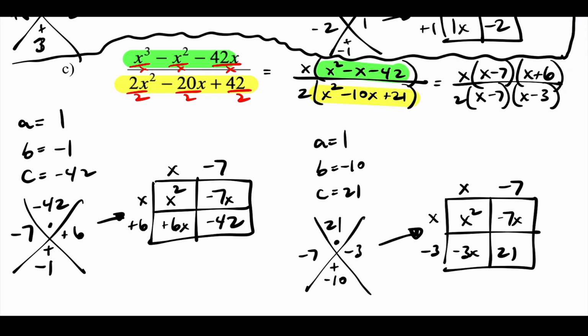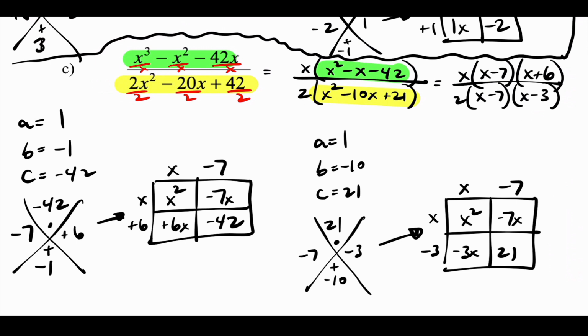The 2 is the GCF, so I need to keep that there. Okay. So now the top and the bottom are fully factored. They were trinomials, and I factored it all the way.